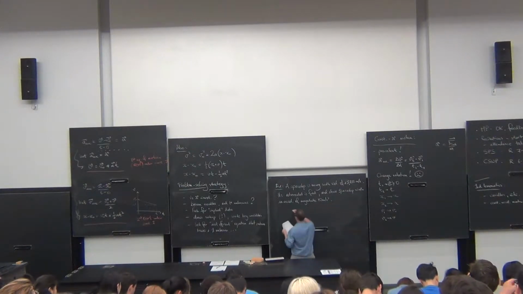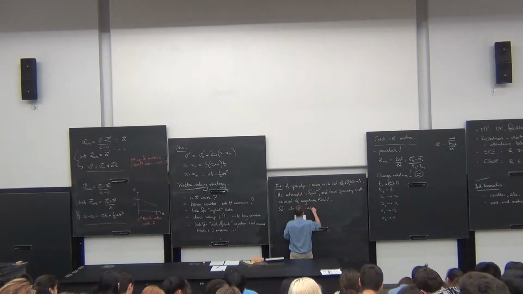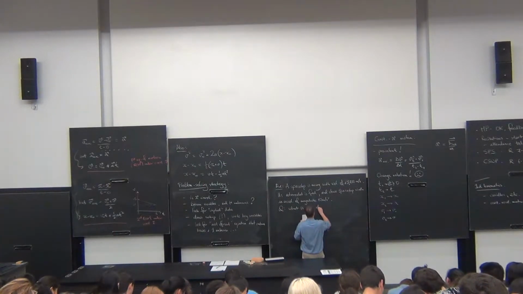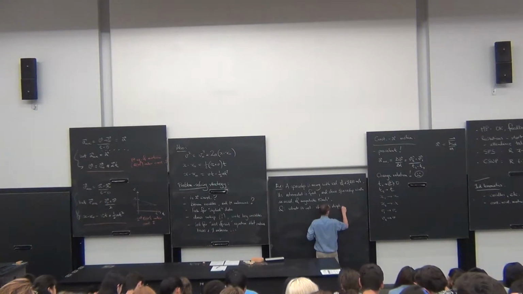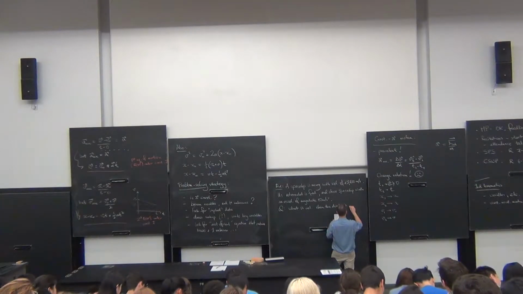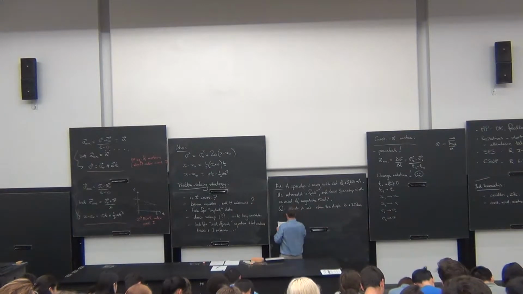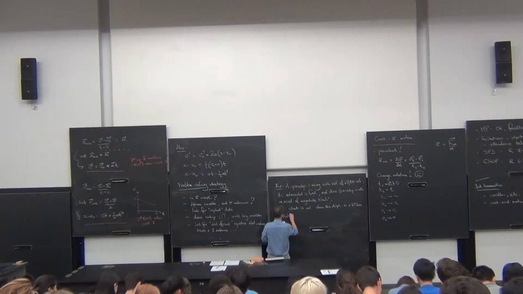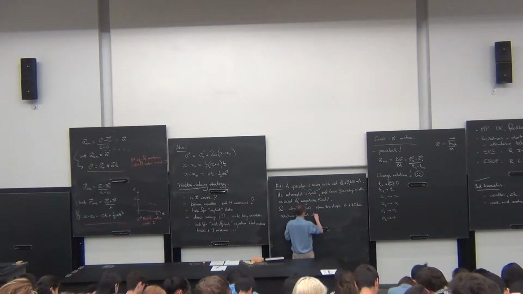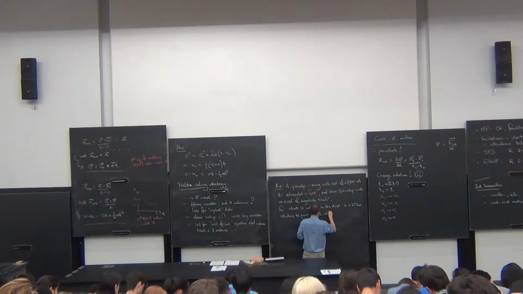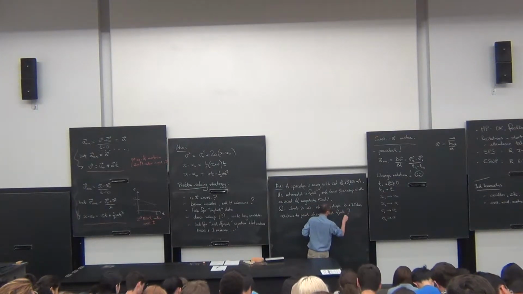What is the velocity, is the question. What is the velocity when the displacement is plus 215 kilometers relative to the point where the rocket was fired? Okay, that is the question.